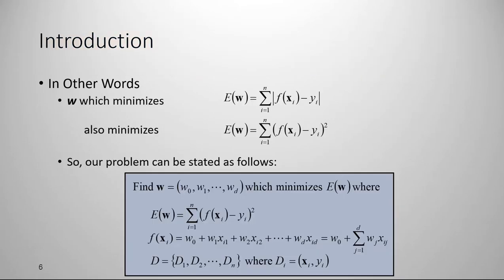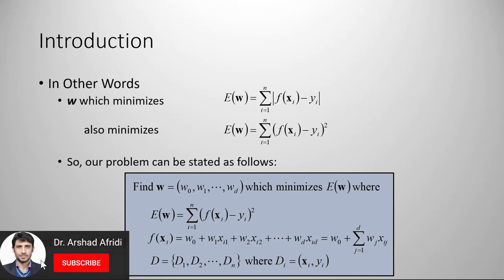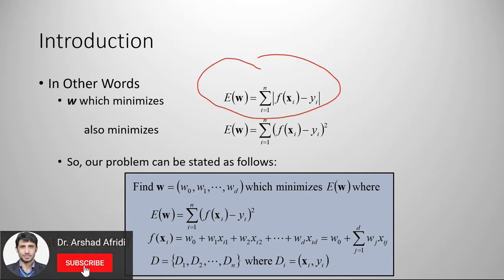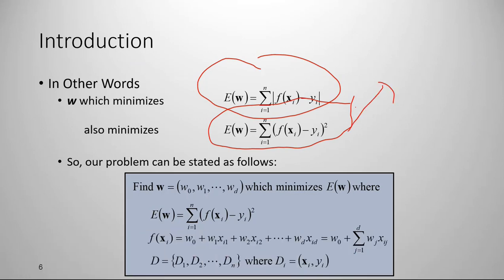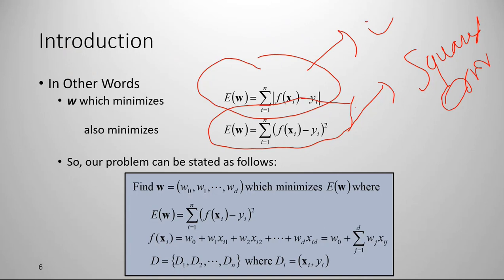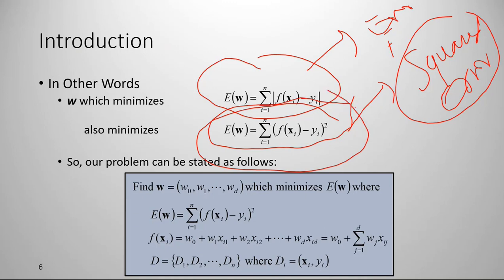In other words, the w which minimizes this error function. There are two error functions if you can differentiate. One is the squared error function, and this is the simple error function. Mostly the squared error function is used for calculating the error.